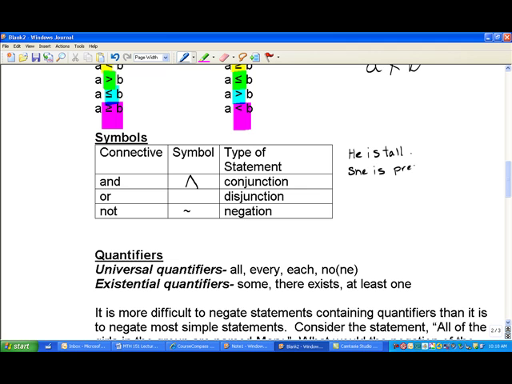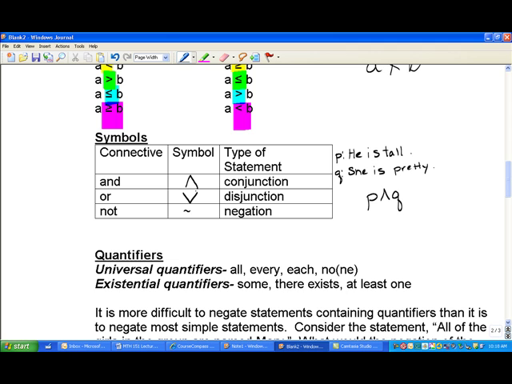So if we wanted to do it symbolically, we could use P to represent the statement he is tall, Q to represent the statement she is pretty. If we wanted to say he is tall and she is pretty, we could do it symbolically with P and Q. P and Q. The word or, when we join two separate component statements with or, forms a disjunction.